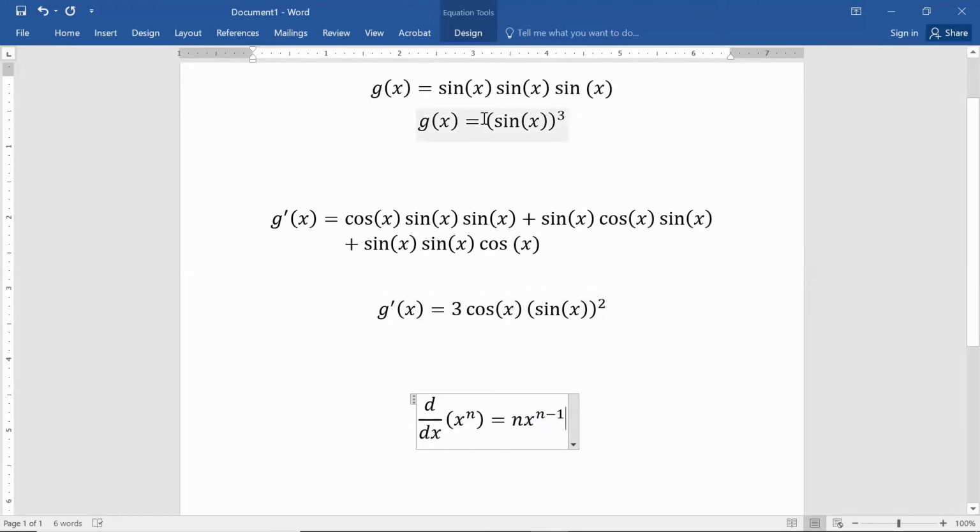So we took the 3 out front, then decreased the exponent by 1, and then multiplied times the derivative of the inside function. So it looks like our power rule with this extra multiplication by the derivative of the inside function.